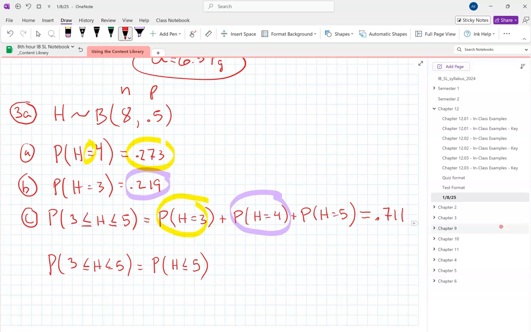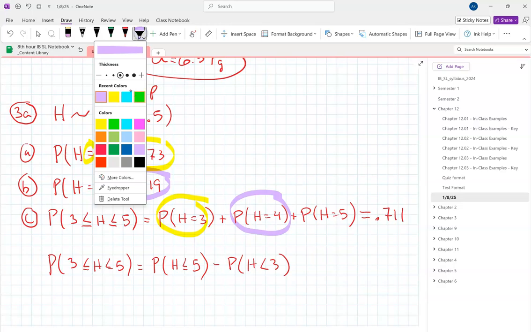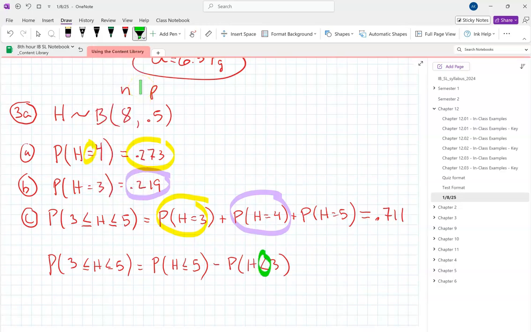So I need to rewrite this as 2 less than inequalities. So I'm going to take that as everything less than or equal to 5 minus everything strictly less than 3. Everybody's okay? But the issue is that my calculator is not going to deal with a less than here.